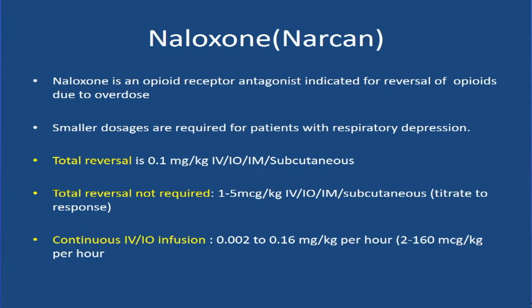Naloxone is an opioid receptor antagonist indicated for reversal of opioids due to overdose. Smaller dosages are required for patients with respiratory depression. It's important to distinguish that entire reversal of the opioid dose is different than the smaller dosages used for patients with respiratory depression.